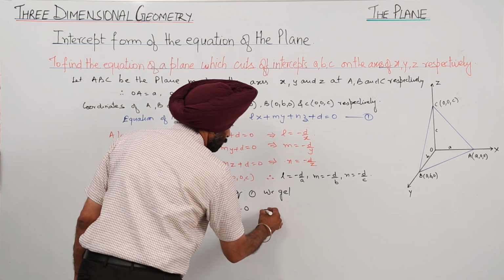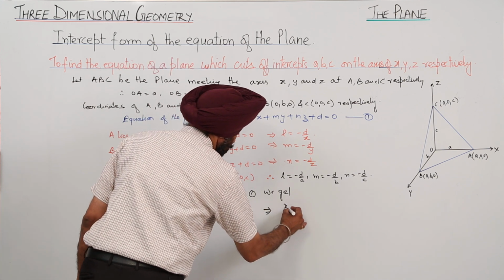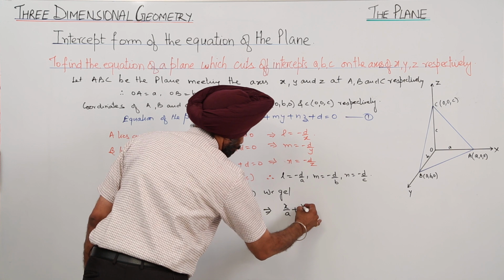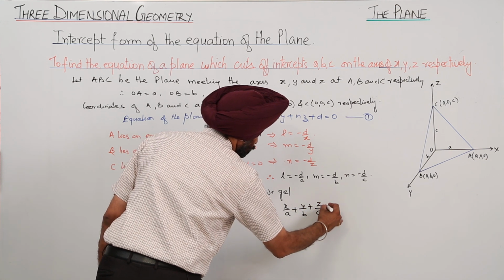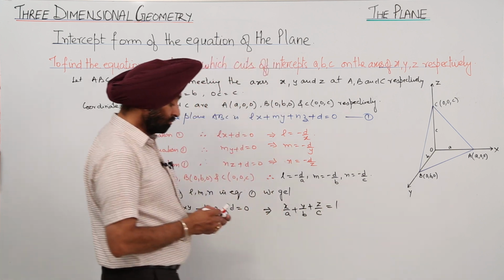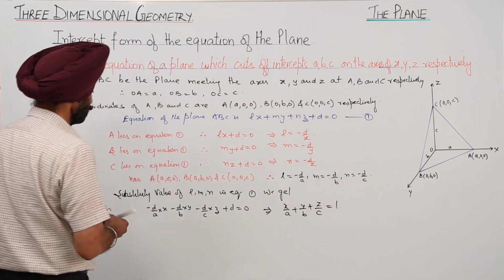Now this implies x upon a plus y upon b plus z upon c is equal to 1.